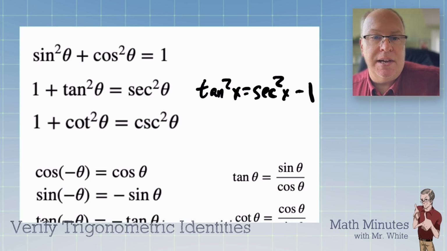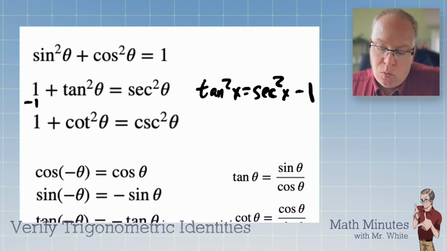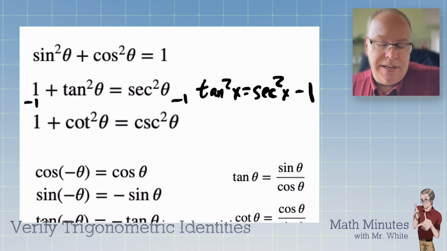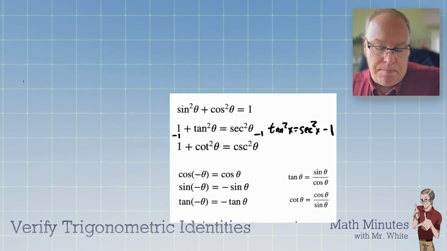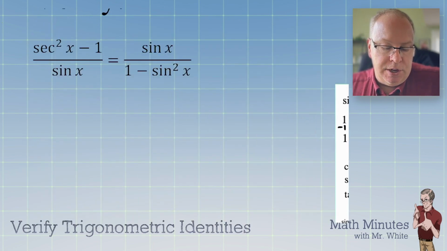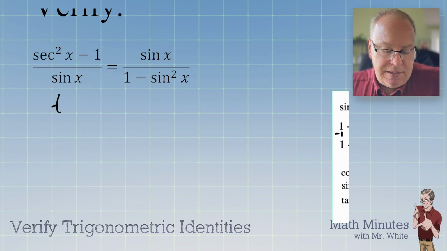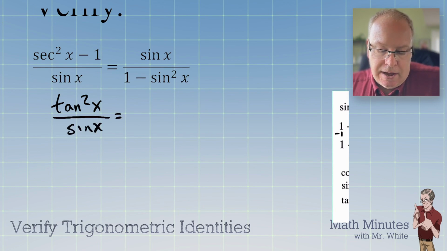That comes from that second identity. If you subtract 1 on both sides, you see tangent squared is secant squared minus 1. So make sure that's on your formula sheet. So this is tangent squared over sine.